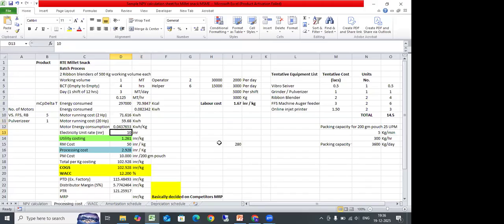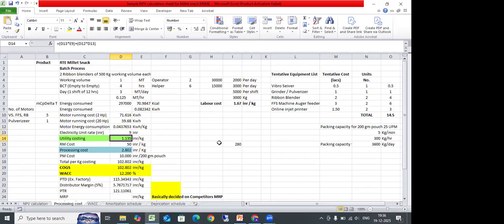Now you tell me, in your industrial area, what is the rate of 1 unit? Is it 10 rupees, 12, 13, 14, 15, 7 rupees, whatever it is? What is the rate in the Karnataka industrial area? For commercial, they are charging around 9 rupees. In the industrial area itself? Yes, sir.